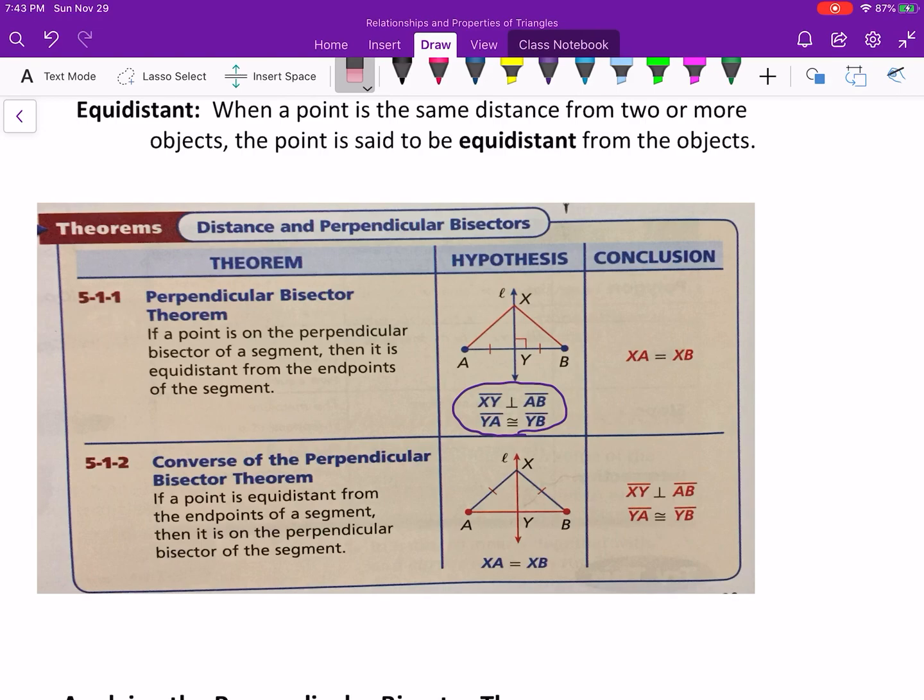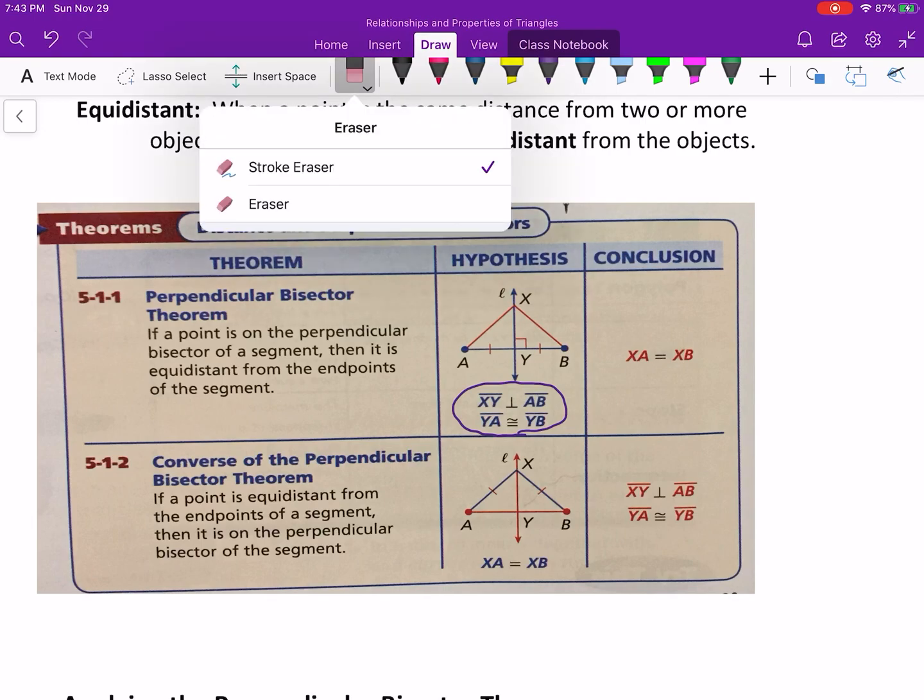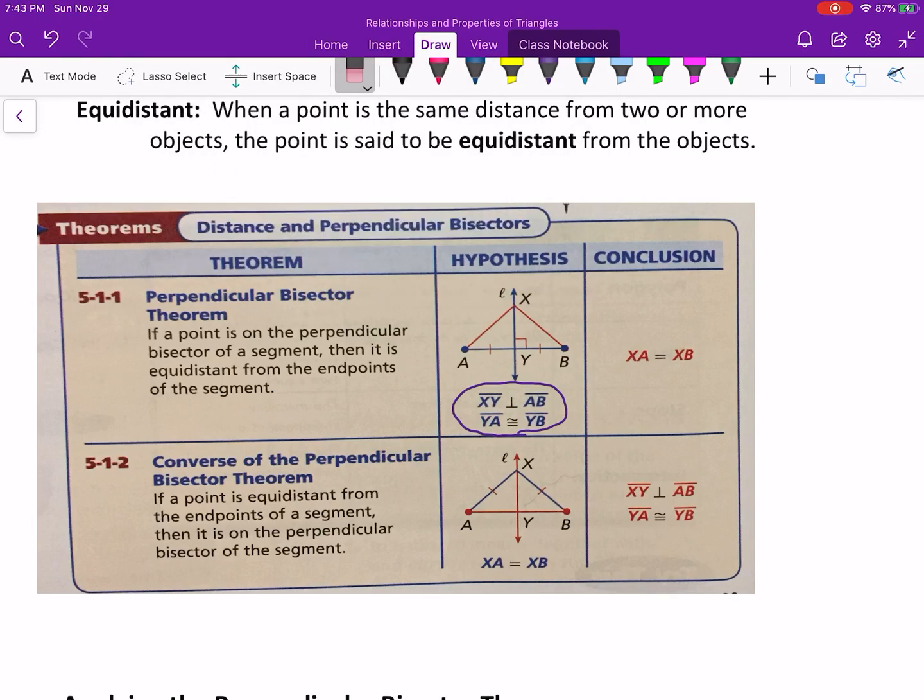The converse of that statement is also true. If you remember, a converse means that the hypothesis and conclusion are exchanged. So the converse says that if our point, that's X, is the same distance from A as it is from B, it's equidistant from the endpoints of a segment, and A and B are the endpoints of the segment, then it must be on the perpendicular bisector of the segment.